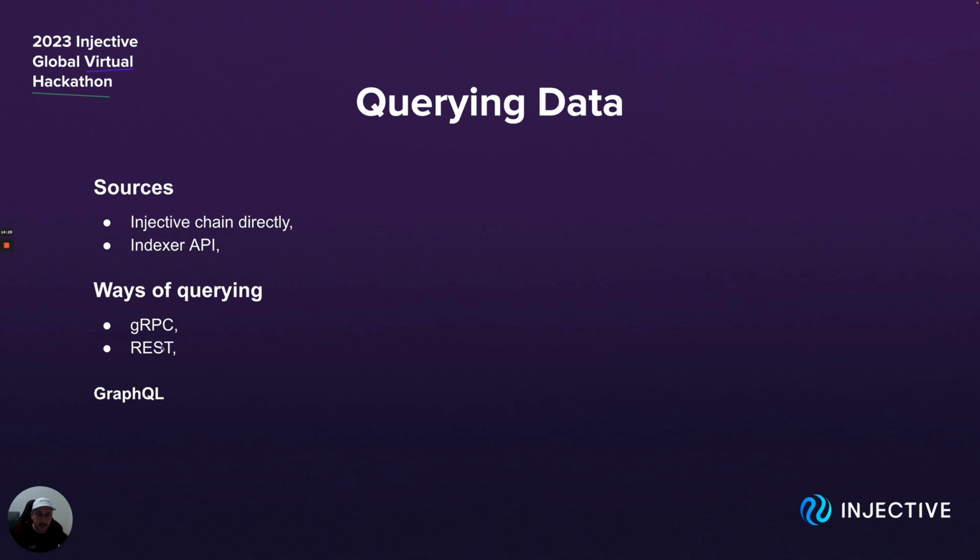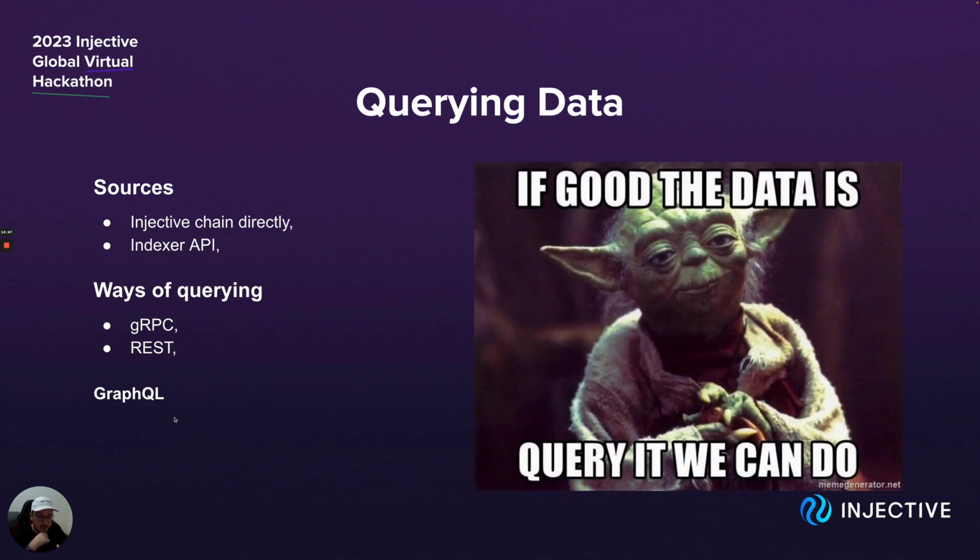First is using gRPC, and then we also support the REST approach of querying the data. We also have GraphQL support, but it's only for the Peggy bridge on Ethereum. So you can query the deposits and withdrawals that happen on the Peggy bridge on the Ethereum contract for now.